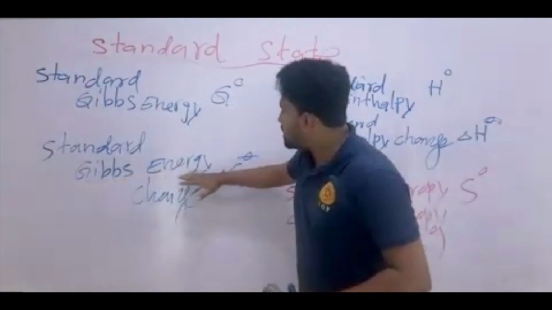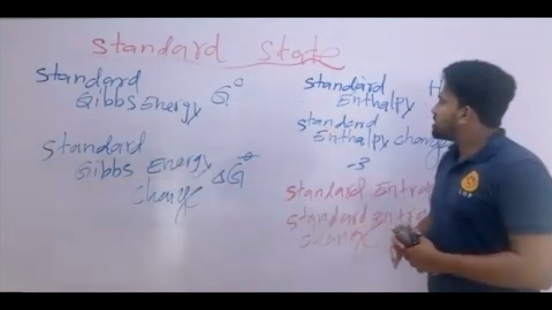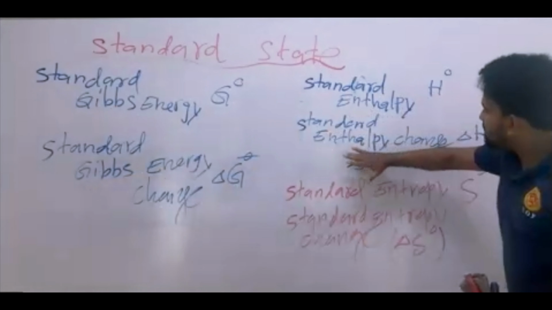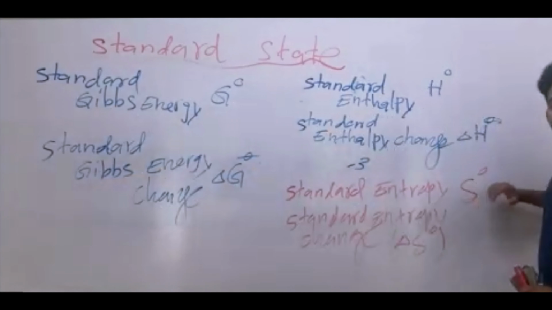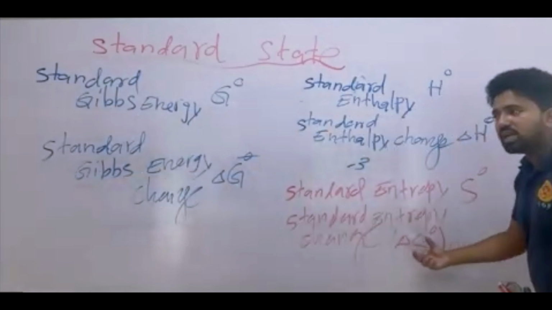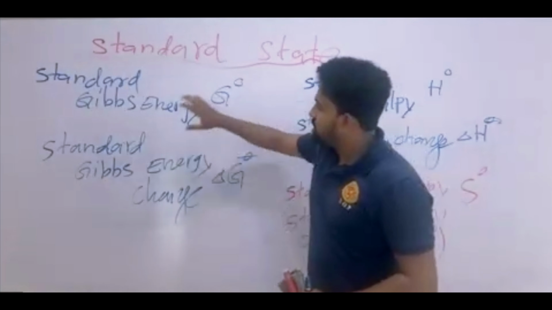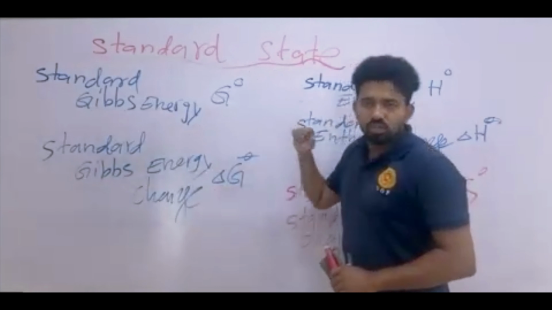Standard Gibbs energy change delta G naught. So these are important. One last time: standard enthalpy H naught, standard enthalpy change delta H naught, standard entropy S naught, standard entropy change delta S naught, standard Gibbs energy G naught, and standard Gibbs energy change delta G naught.